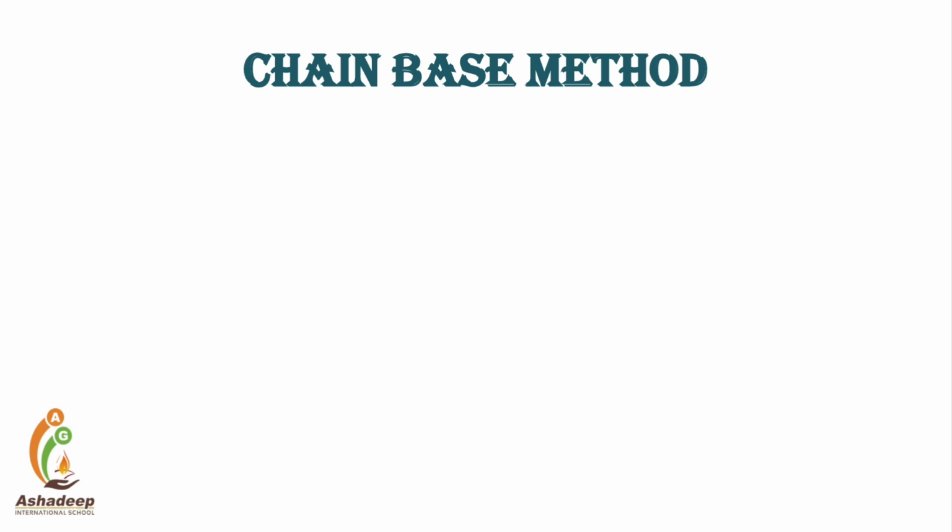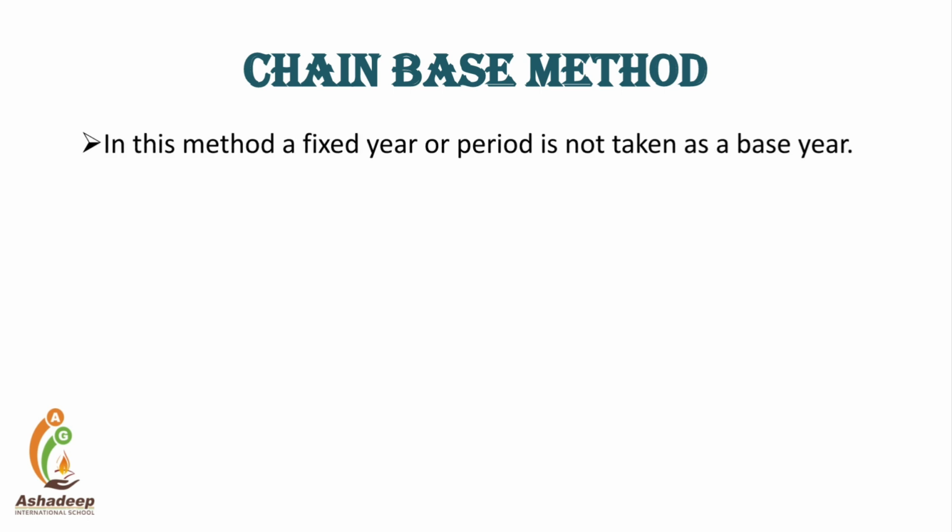Before going to solving some sums, it is necessary to understand some basic theory about this method. First of all, in this method, a fixed year or period is not taken as a base year. In short, our base year will be changed. Unlike in the fixed base method, in this method our base year will not be the same.